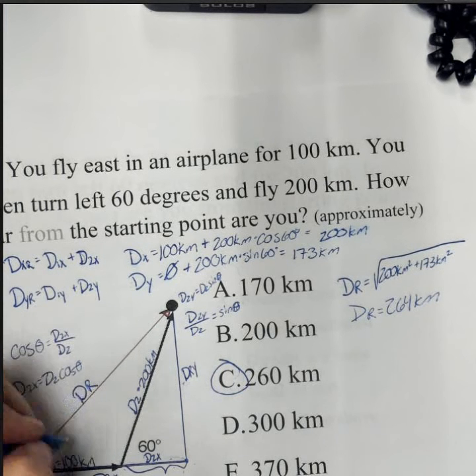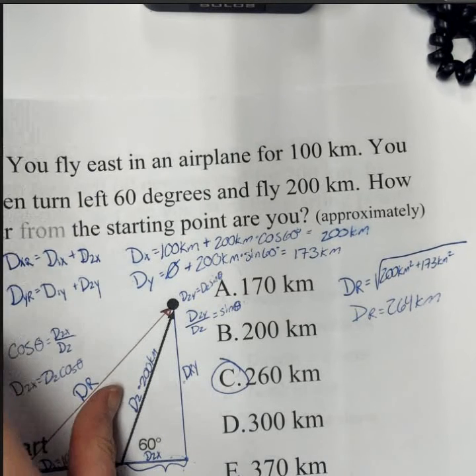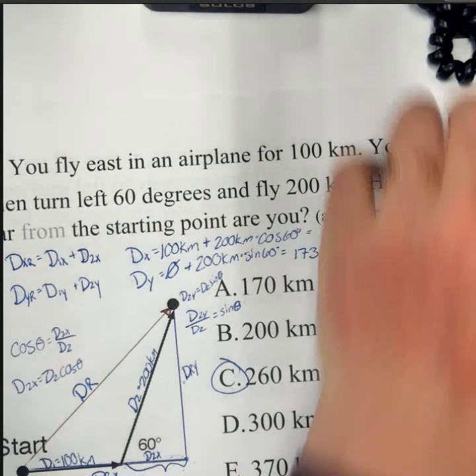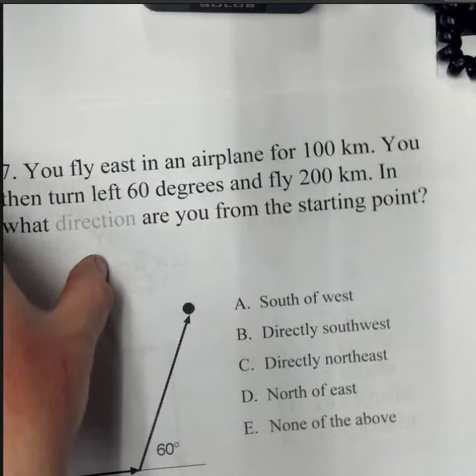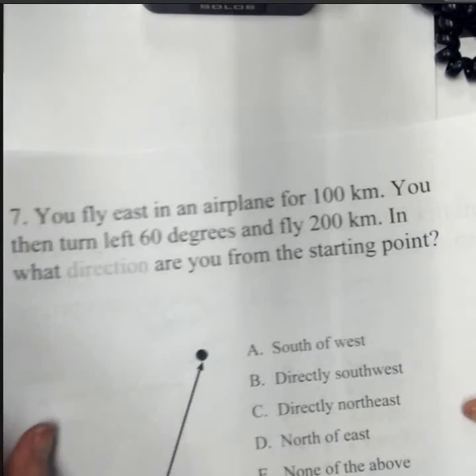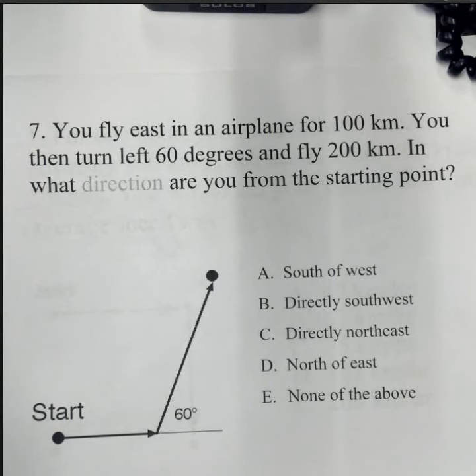But we don't know what the direction was. And so we can actually take a look at what that direction was. And I think, yep, what do you know? That's problem number 7. You fly east in an airplane. What direction are you from the starting point?